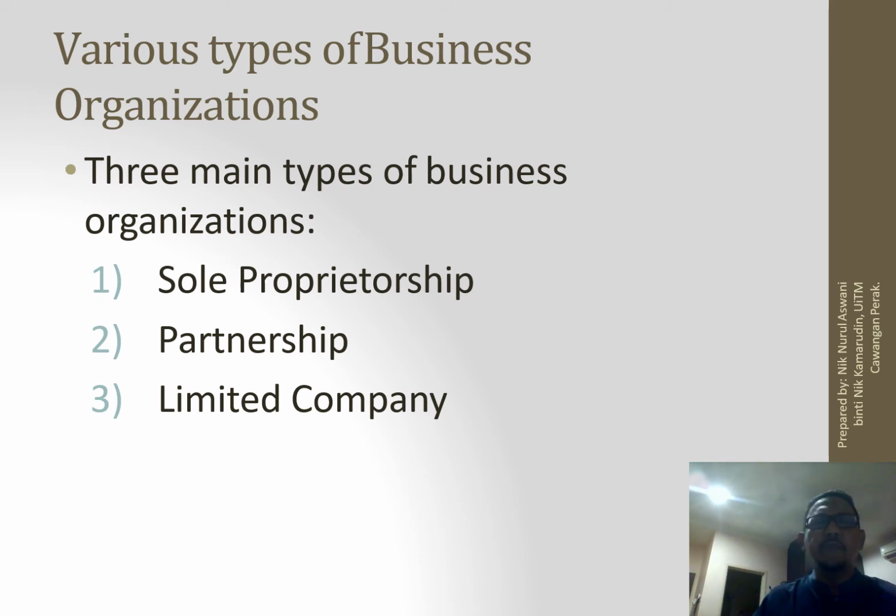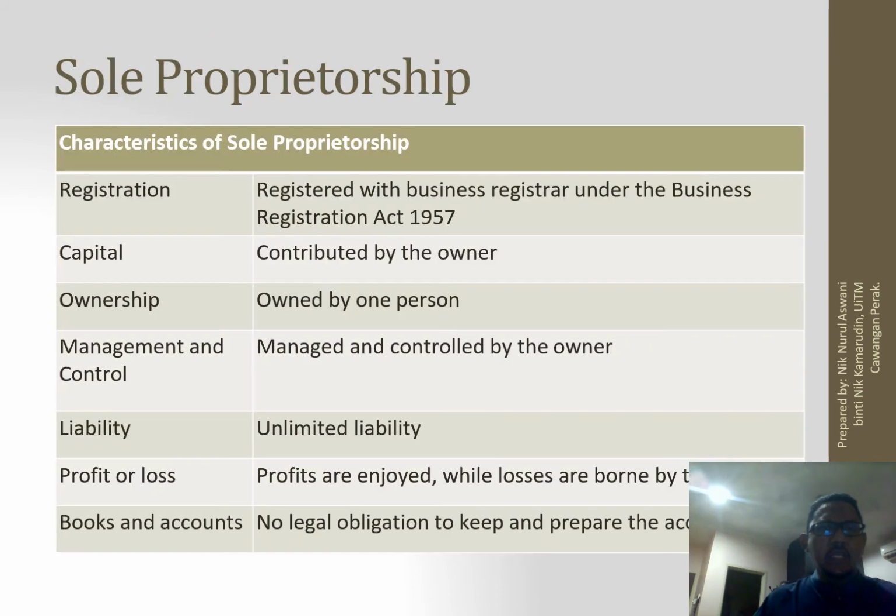Sole proprietorship means that there is only one person, or in Malay, pemilikan tunggal, only one owner. Partnership, 2 to 20 or 2 to 50 owners, depending on the type of partnership. And limited company, whether it is a private limited company or a public limited company.